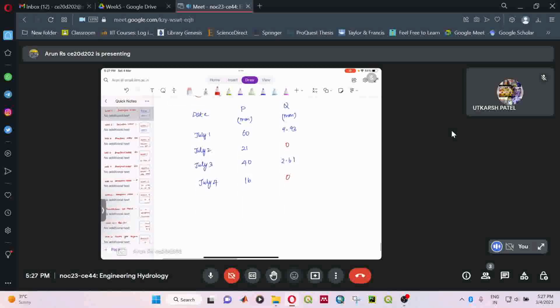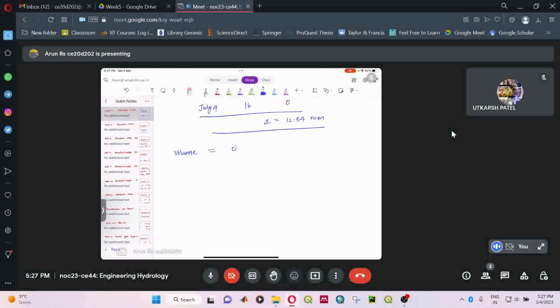So now we can make a summation. Since we have to find the volume, we need the total runoff. Sum is equal to 12.54 mm. Now we have to determine the volume of the runoff. Volume is equal to runoff depth multiplied by area of the catchment.